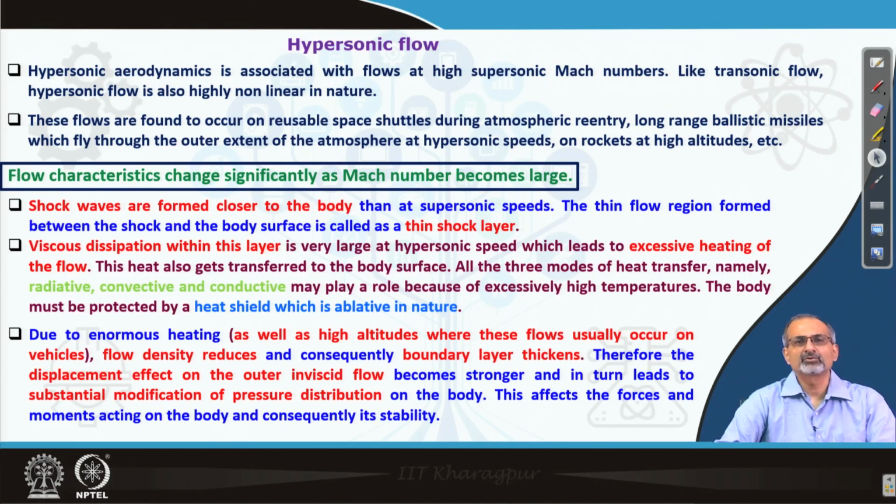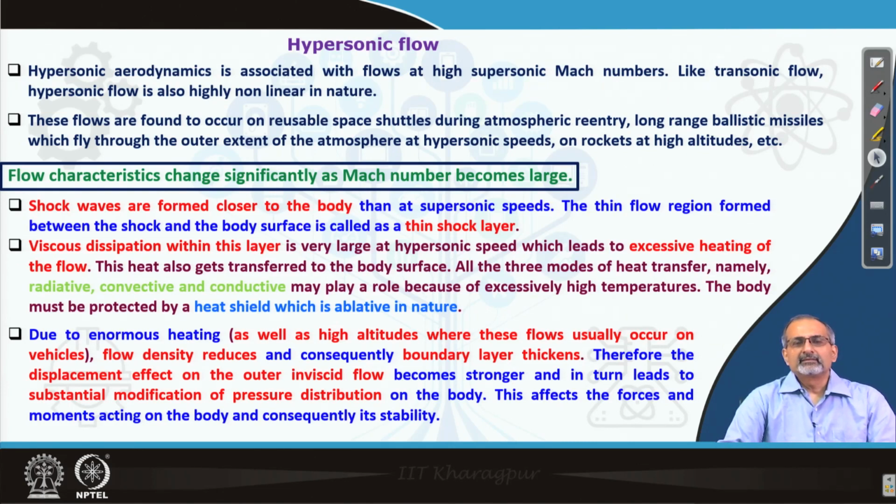These flows are found to occur on reusable space shuttles during atmospheric re-entry, in long-range ballistic missiles which fly through the outer extent of the atmosphere at hypersonic speeds, on rockets at high altitudes, and so on.